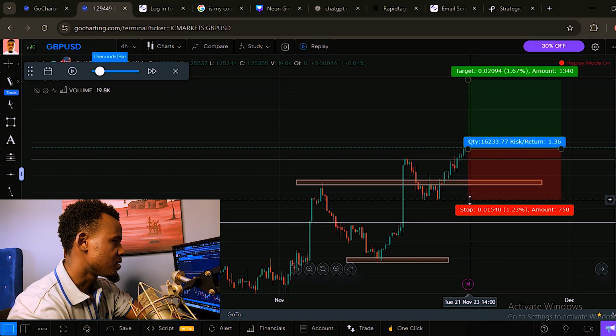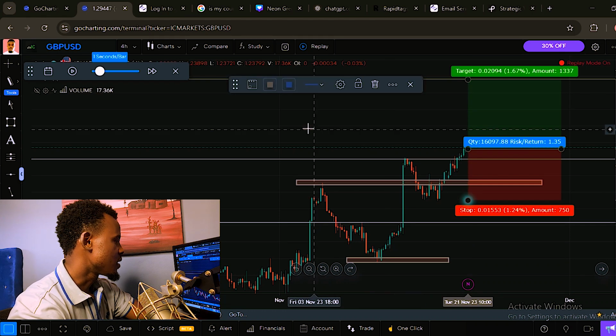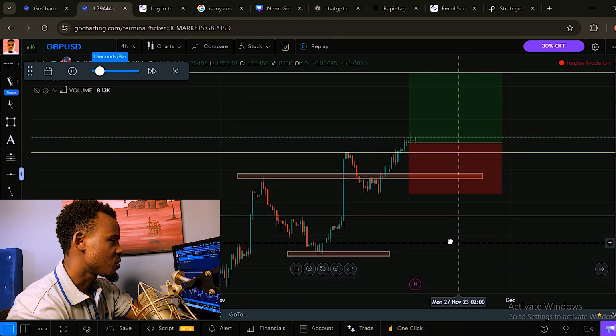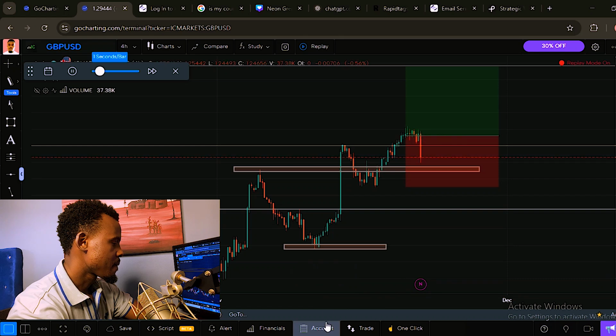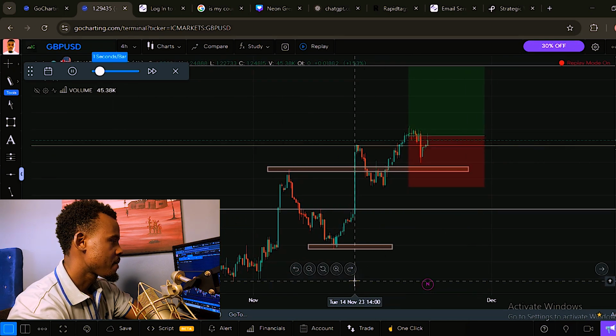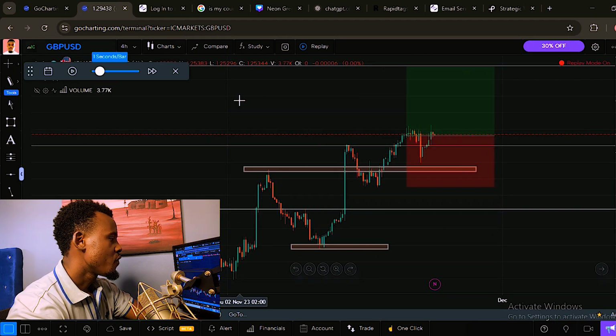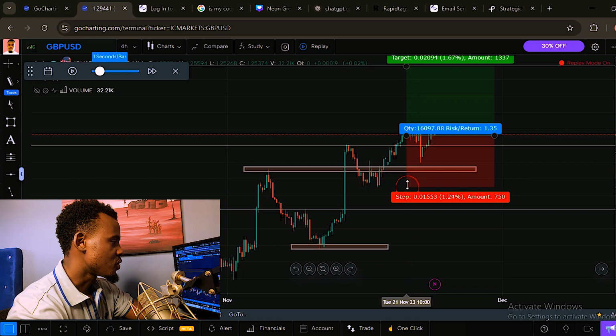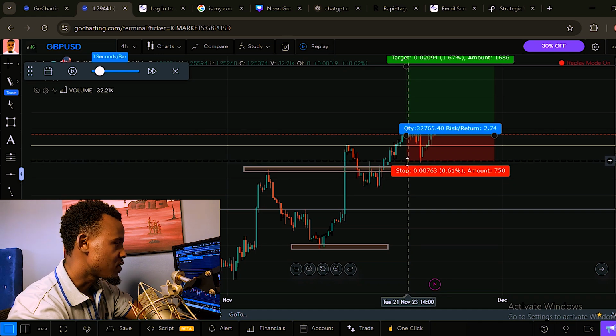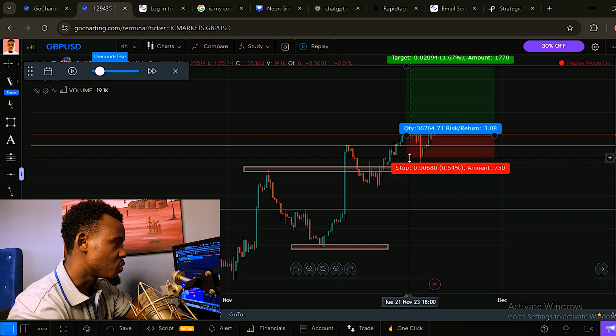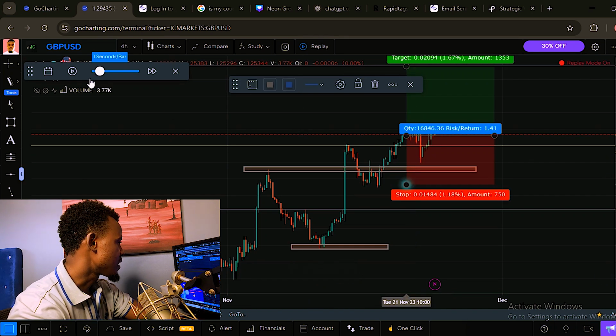Let's put it here. Okay, let's replay and see what price will do. For instance, if you put your stop loss somewhere here, it would have taken you out. If you put your stop loss very close, it would have taken you out. So let's get going.